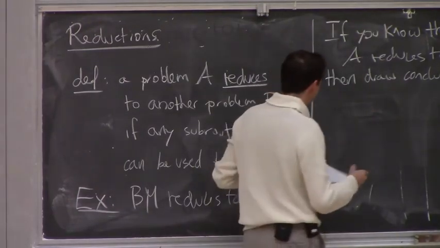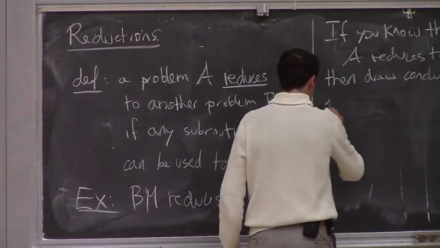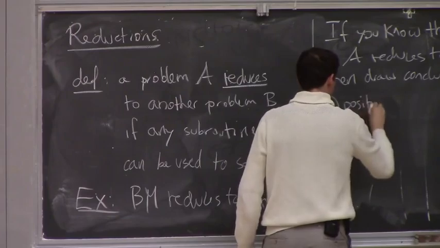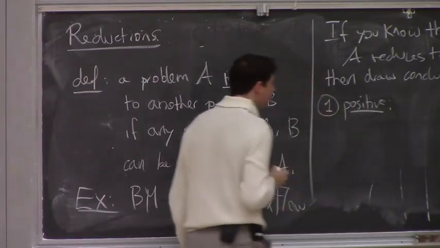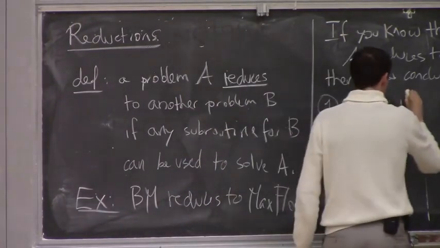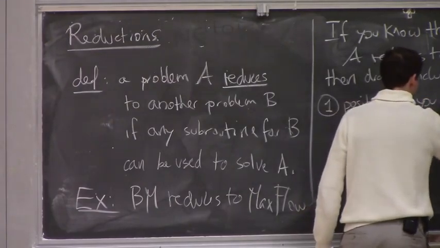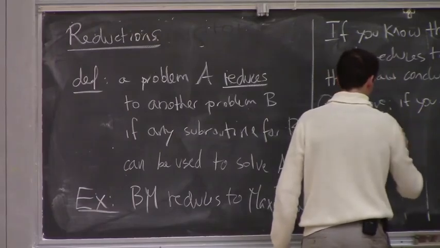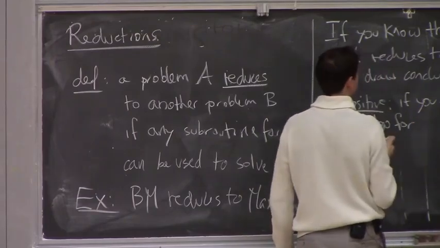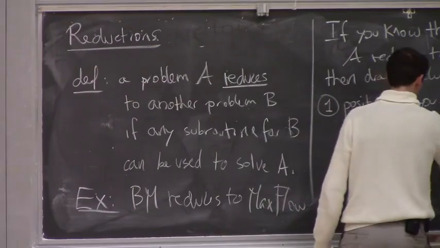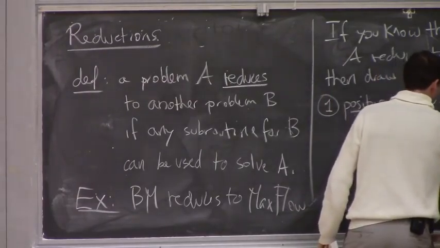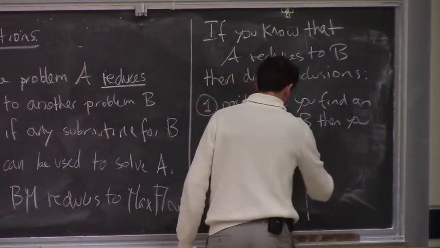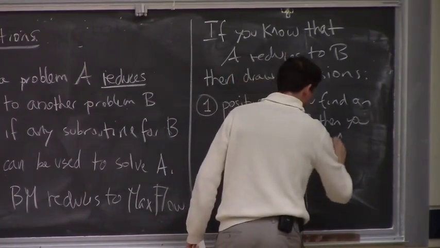Now, the first, straightforward conclusion is a positive conclusion that says that if you find an algorithm for B, then you have an algorithm for A, right?